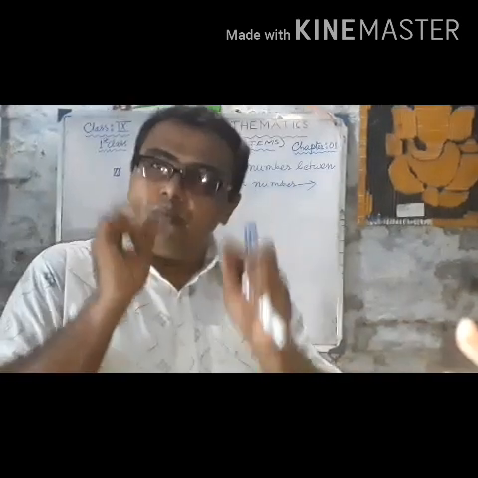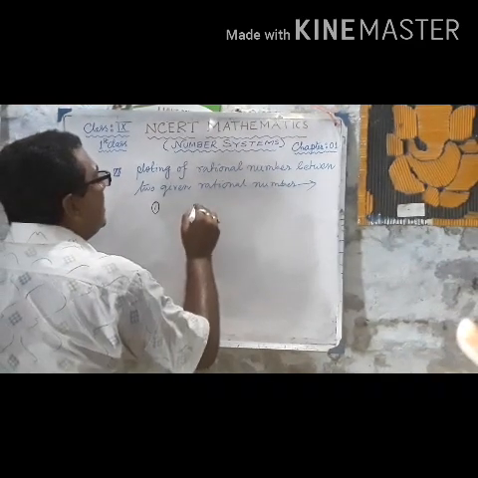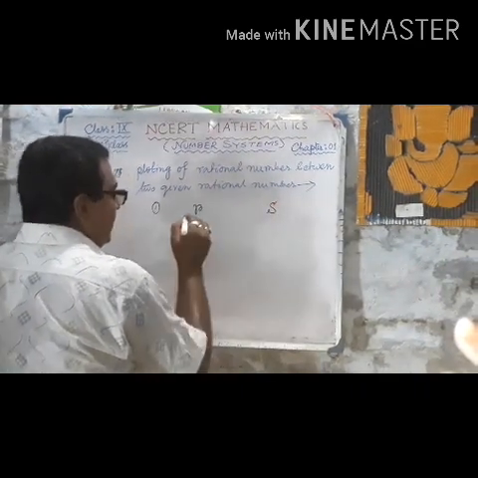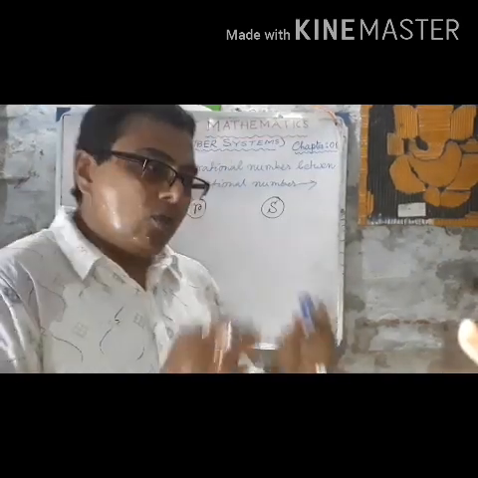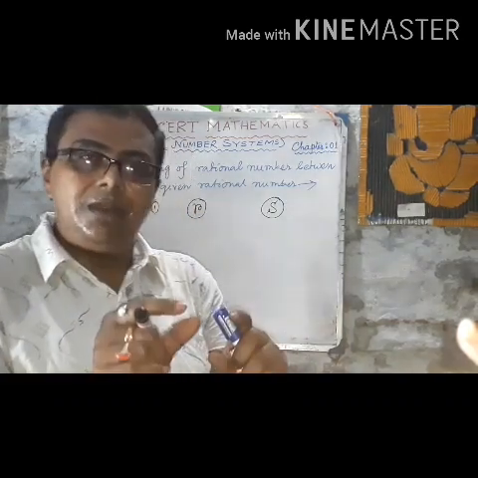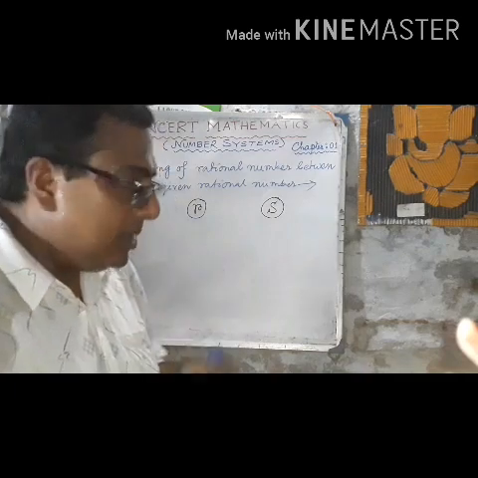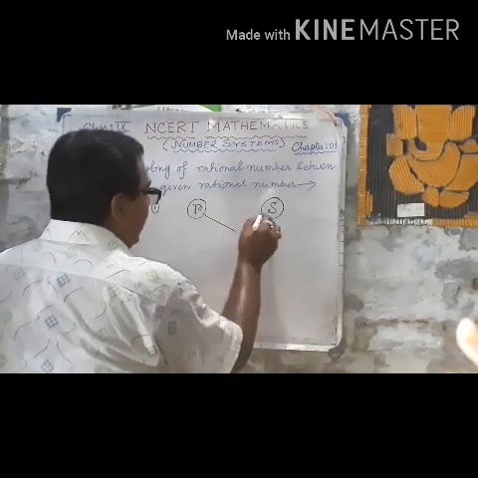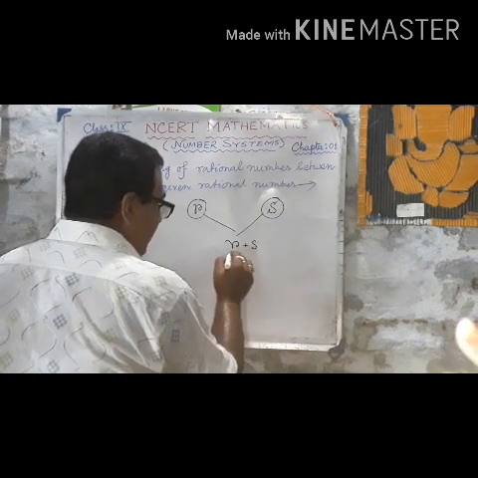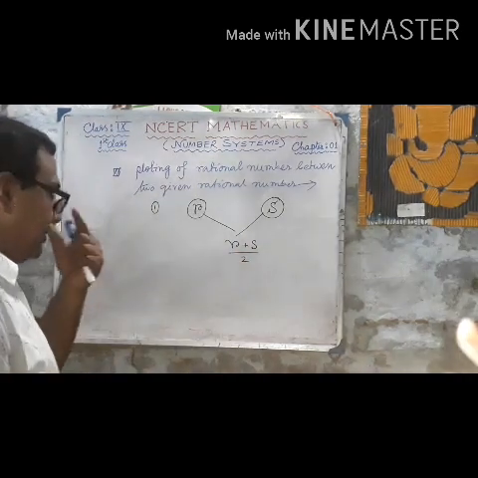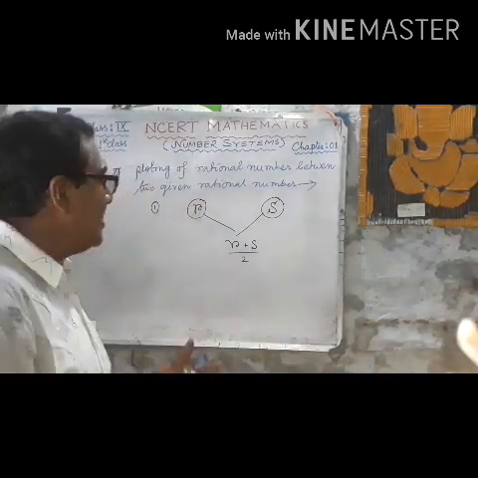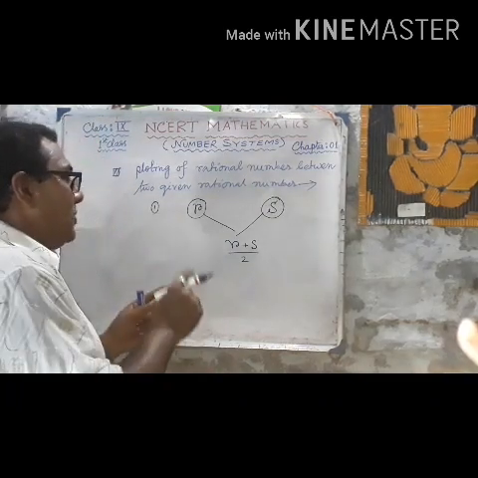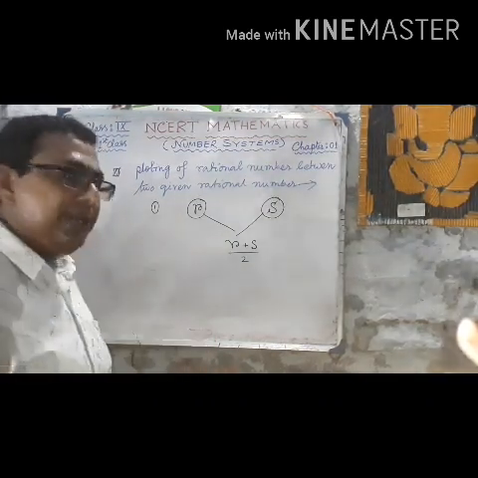There are two processes. At first, suppose r and s are two rational numbers. We have to put some rational numbers between r and s. If we put between r and s, r plus s by 2, that is the mean of the two rational numbers, then it will be a rational number between r and s.